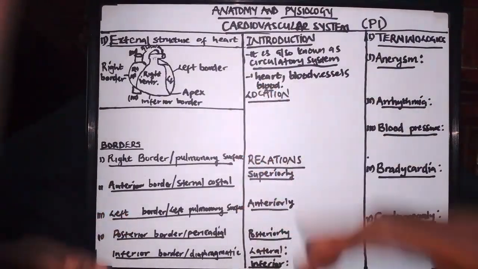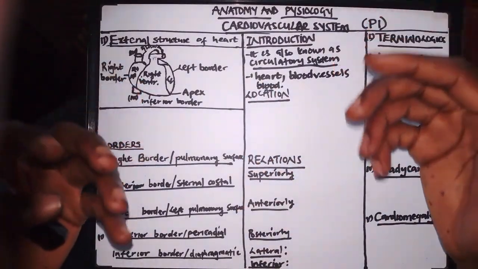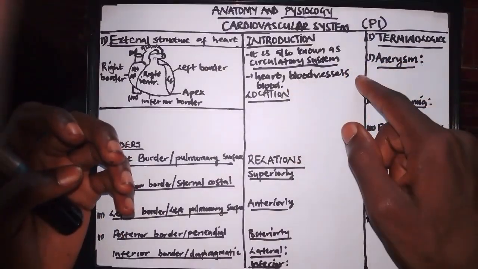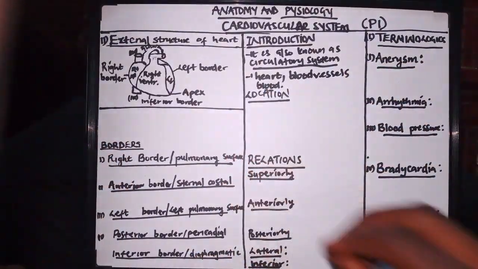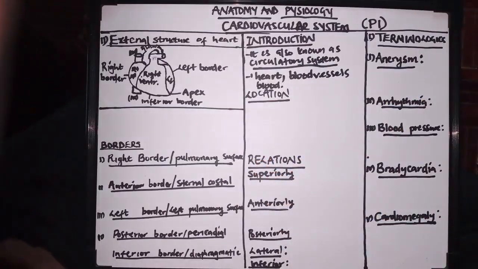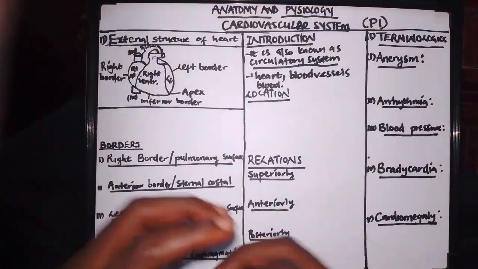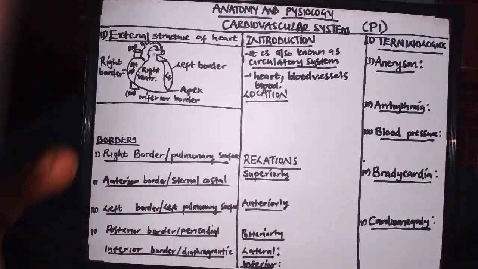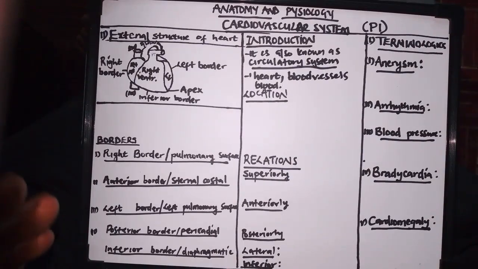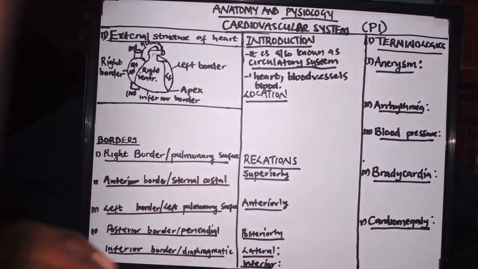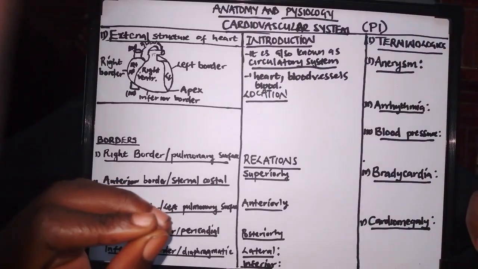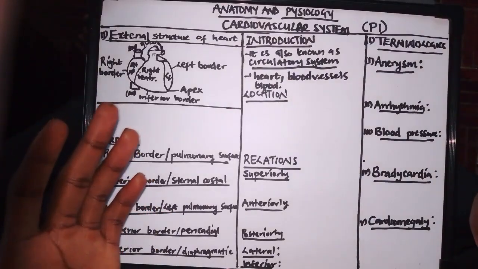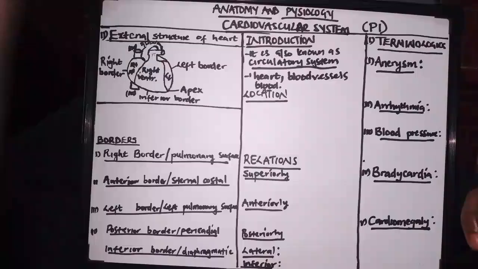We have the heart, which pumps the blood, the blood vessels, which carry the blood, and the blood, which is the part being pumped. Now after this introduction to the cardiovascular system, which is the circulatory system, and it consists of the heart, blood vessels, and blood.